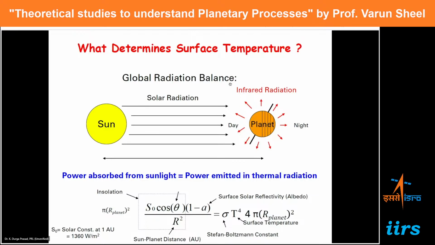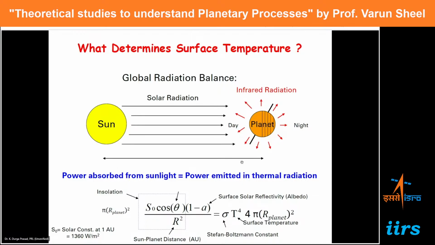But if there is an atmosphere, it is possible that the atmospheric species have the capability to absorb a part of the solar radiation, because solar radiation has a complete electromagnetic spectrum, and depending upon the selective absorption of each of these species, it may get absorbed.